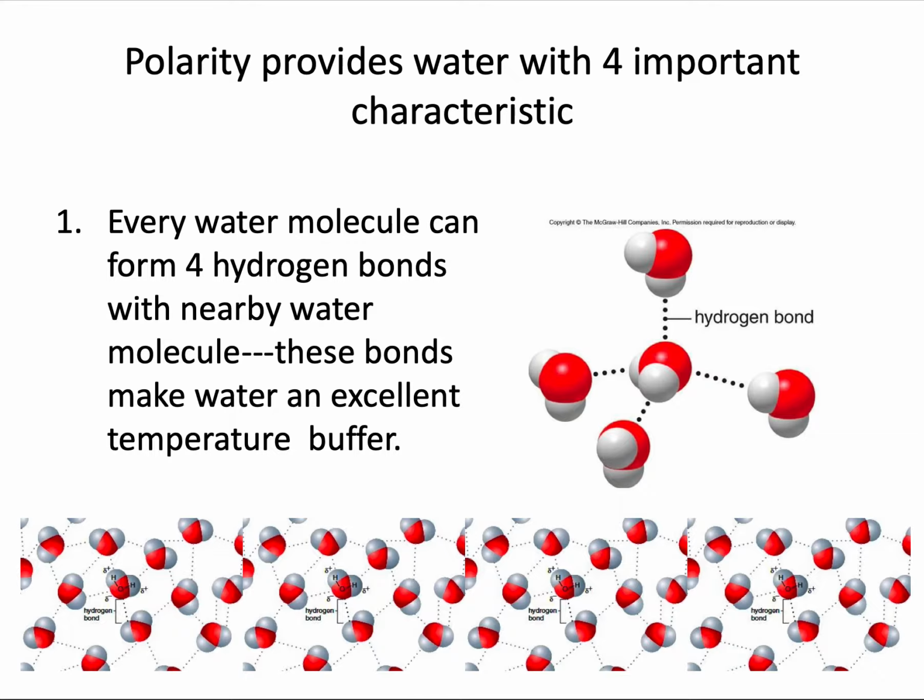So even if there are slight changes here and there, it is still able to maintain the concentration, whether you're talking about hydrogen ion concentration or temperature. In this particular instance, we'll just stick to the temperature aspect of the buffer. So it makes water such an important buffer in terms of temperature regulation.